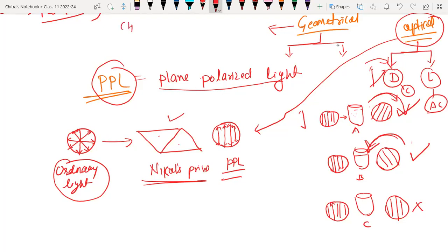So again I am writing an example here: CH3 CH double bond CH CH3. I am going to make you understand two different structures. Suppose here we have a carbon-carbon double bond.